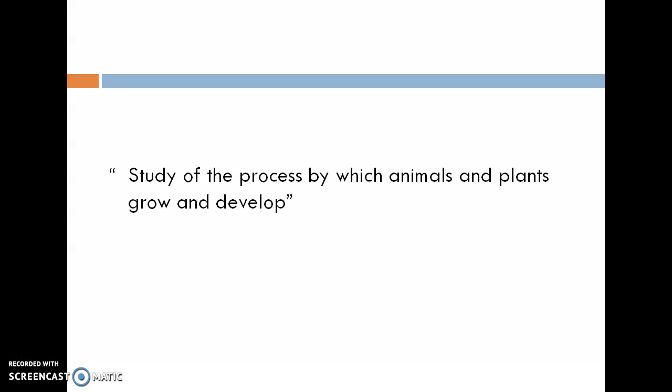So what do we mean by developmental biology? Literally, we can say that it is the study of the processes by which animals as well as plants grow and develop. We know that we all develop from the fertilized egg, which is called a zygote. This zygote undergoes a lot of modifications over time and finally becomes a multicellular organism or an embryo.